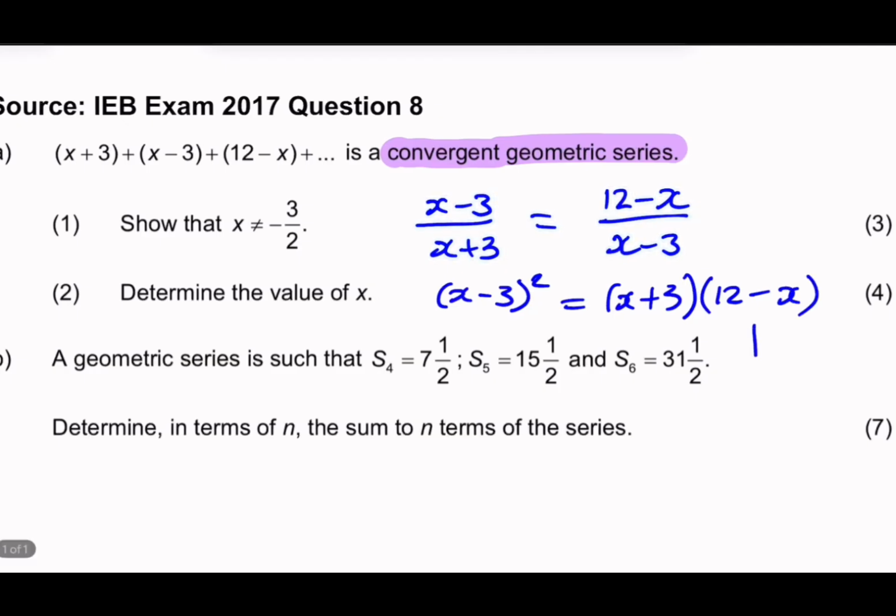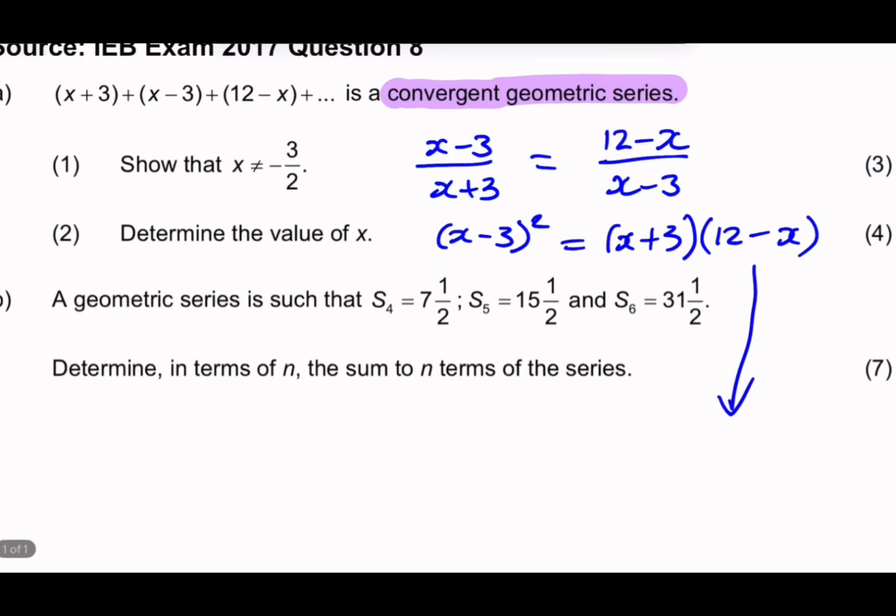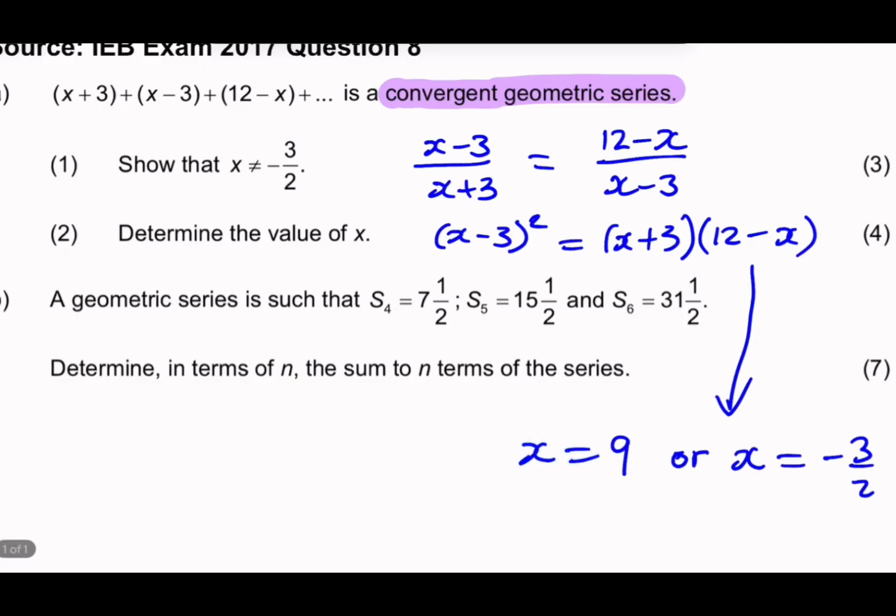From here, I'm not going to do the FOIL and all that special algebra, so you would have to do that to finally end up with these two answers, which you would get after you've done everything else. But you would recognize that this cannot work because we've already proved that that one is problematic.